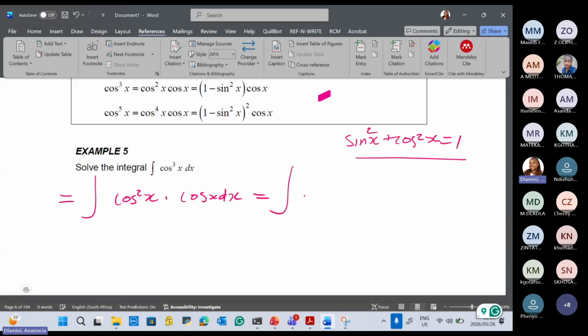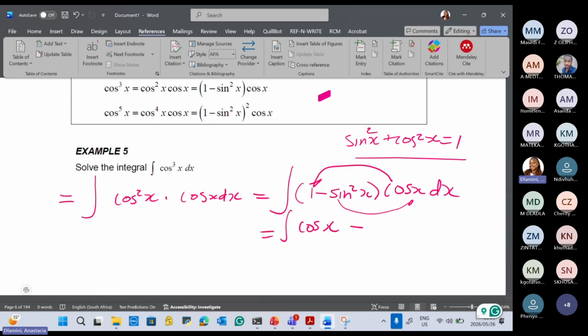So this is the integral of 1 minus sine squared x, times cos of x dx. Multiply this by that, so this equals the integral of cos x minus sine squared x cos x dx.